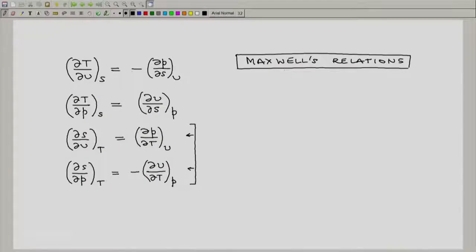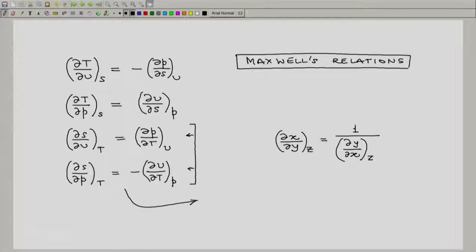Now Maxwell's relations is the name given not only to these 4 relations but even their reciprocals. For example, you take this equation and using the partial derivative relation that partial of x with respect to y at constant z equals reciprocal of partial of y with respect to x at constant z.